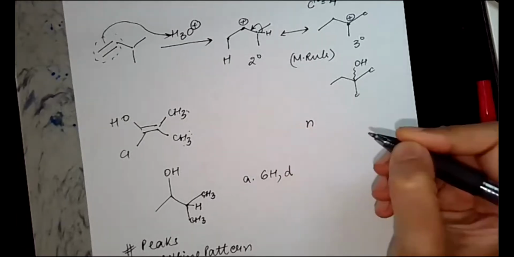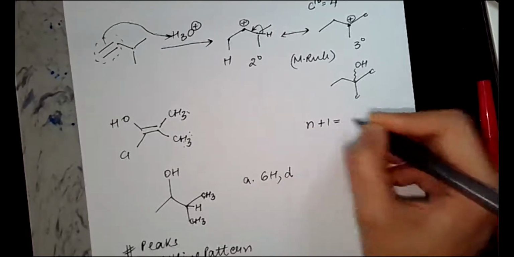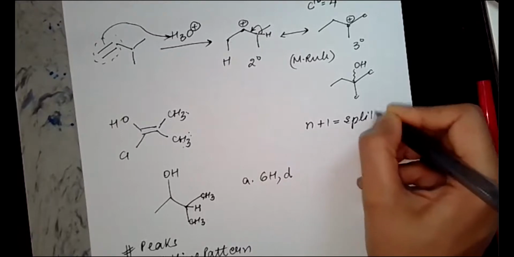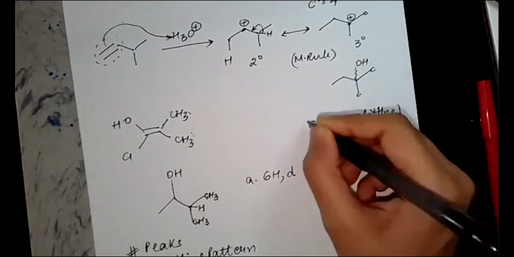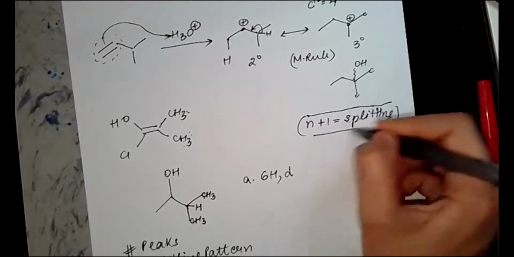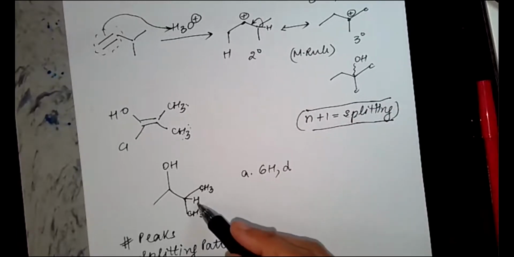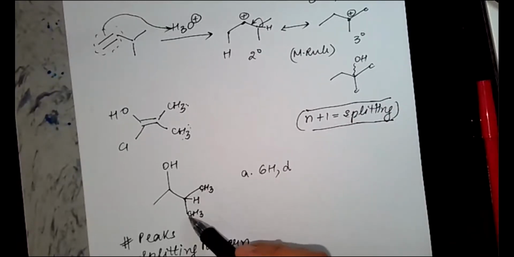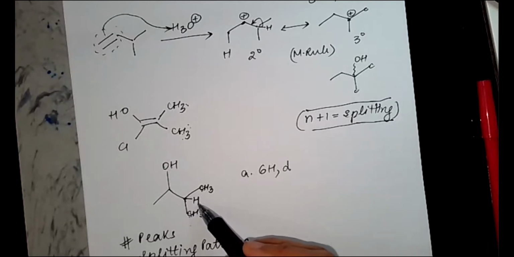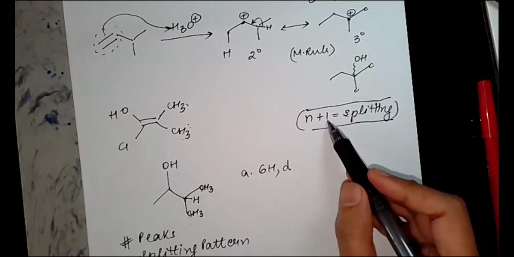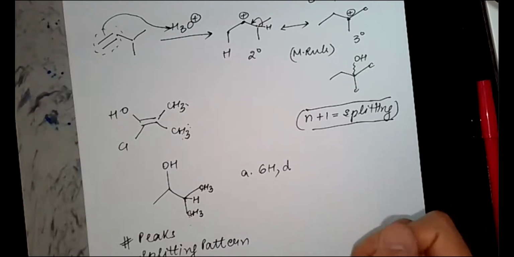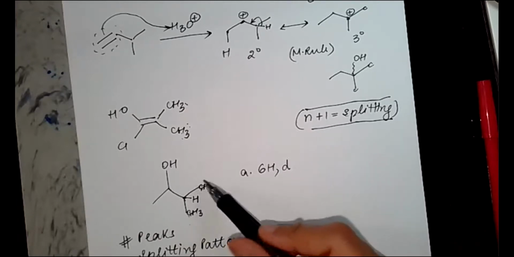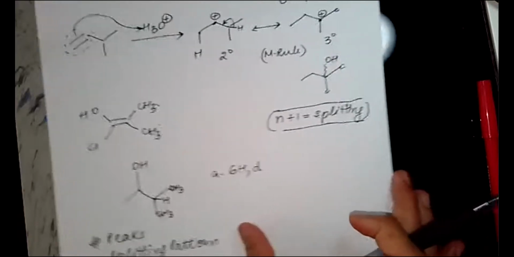Remember, number of neighbors plus 1 gives you your splitting or multiplicity. For these 6 magnetically equivalent hydrogens, there is only one neighbor on the adjacent carbon. So 1 plus 1 is 2, which will give you a doublet.